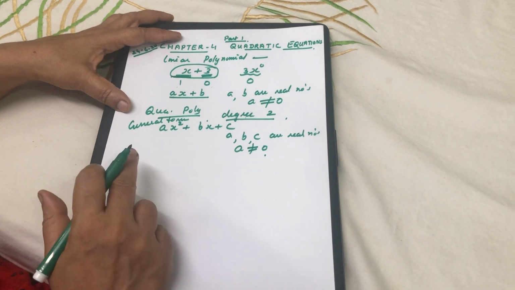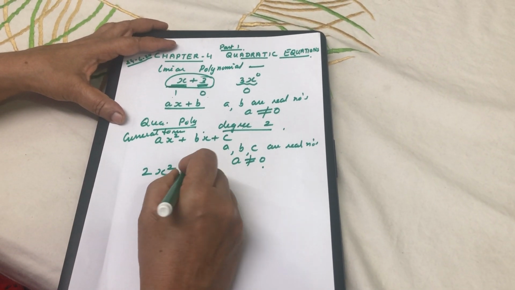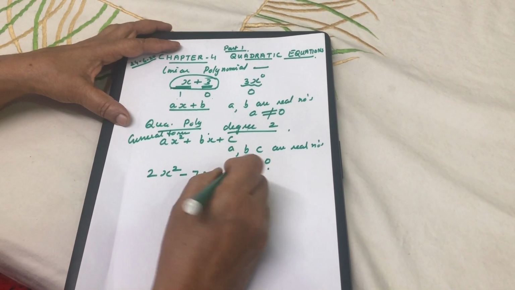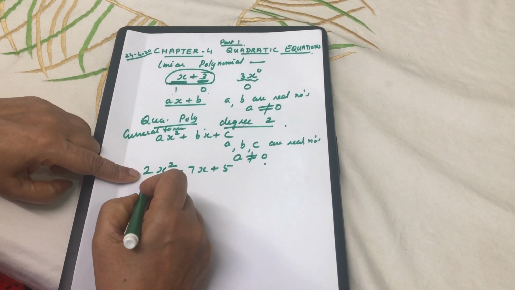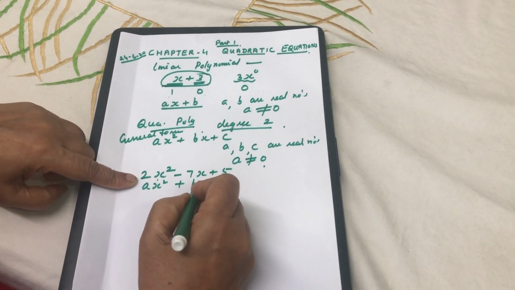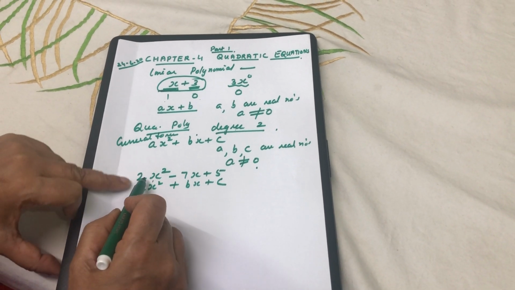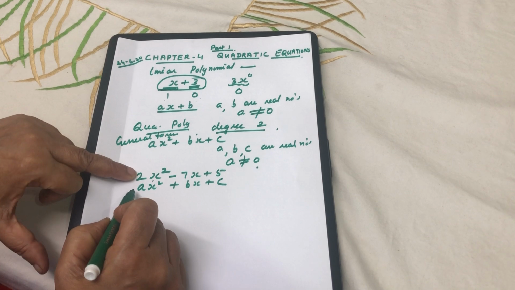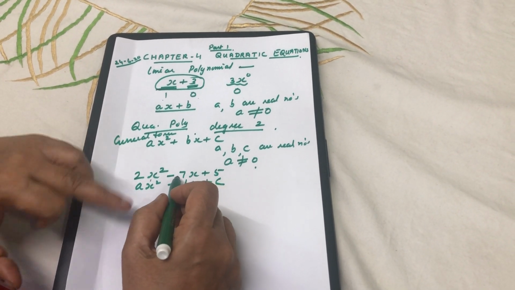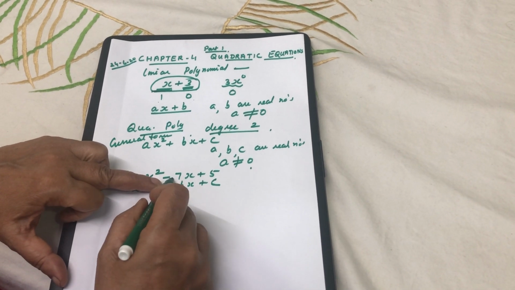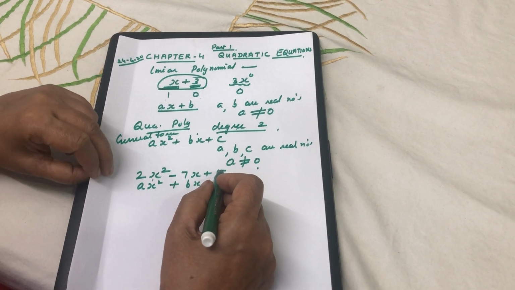Now suppose I take a quadratic polynomial 2x squared minus 7x plus 5. Here this is in the form ax squared plus bx plus c. The value of a is 2, the coefficient of x is minus 7, therefore b is minus 7, and c is the constant term, that is equal to 5.